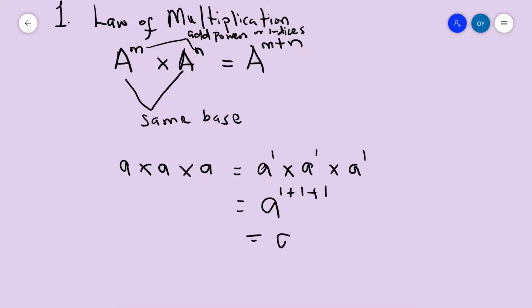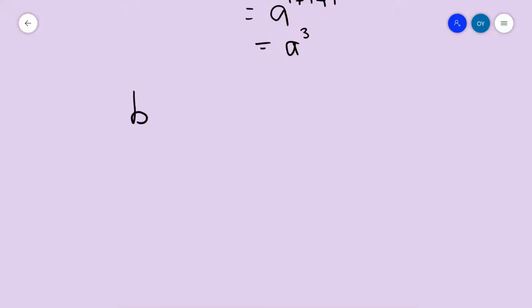And this is a to the power of 3. b to the power of 3 times b to the power of 5 is b to the power of 3 plus 5, and that is b to the power of 8.